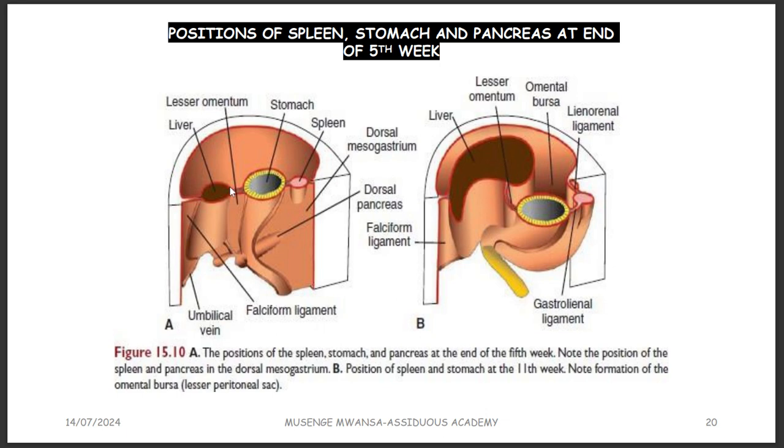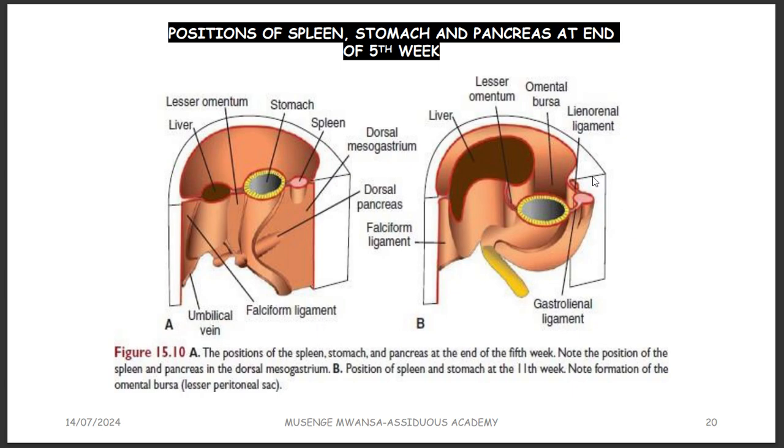Initially, can you see that it was attached via the ventral mesentery here? So the ventral mesentery was separated into this one in front and this one in the middle here. The one in the middle will end up being the lesser omentum, connecting the liver to the stomach. That's the lesser omentum. Okay.